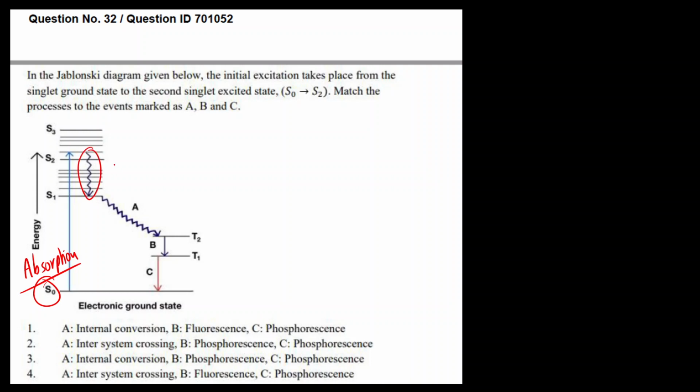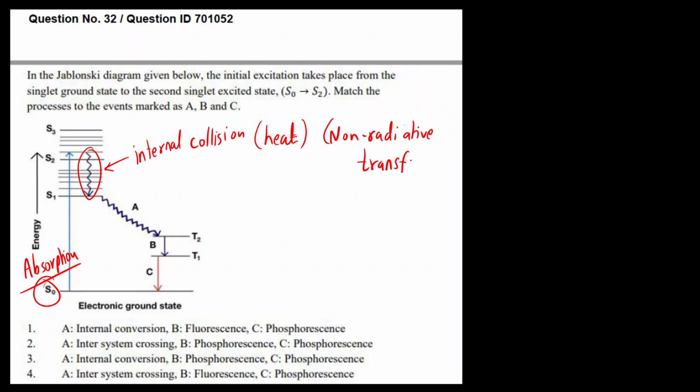Then this is internal conversion, because of which heat will be released. This is called non-radiative transfer. There is no light that is emitted. That is why it is also called non-radiative transfer. Now, when there is a change of spin, that is singlet to triplet, this is called inter-system crossing.